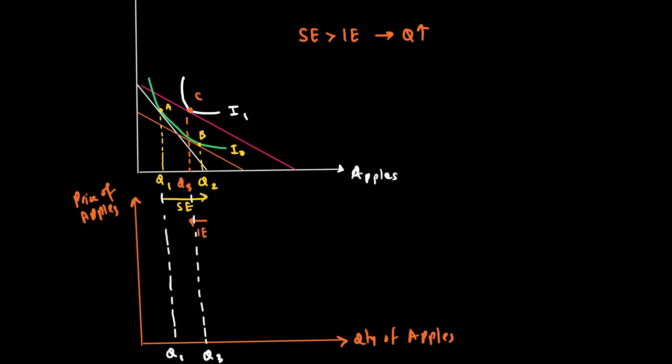So when I draw my diagram, let's say the price previously was P1, I was buying this quantity A, and then when the price went down to P2, I'm buying B. So my demand curve will look like a downward sloping demand curve again, but very inelastic. So it's still a downward sloping demand curve.